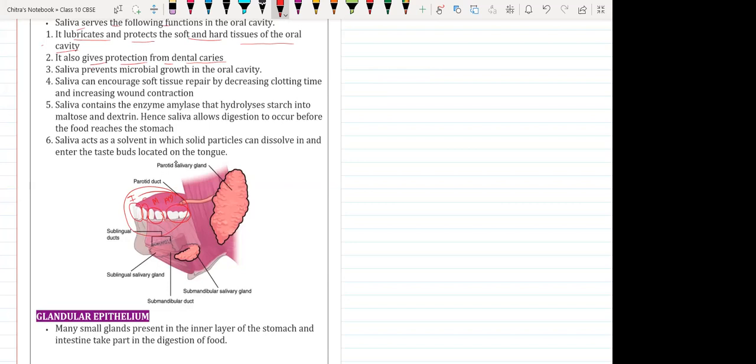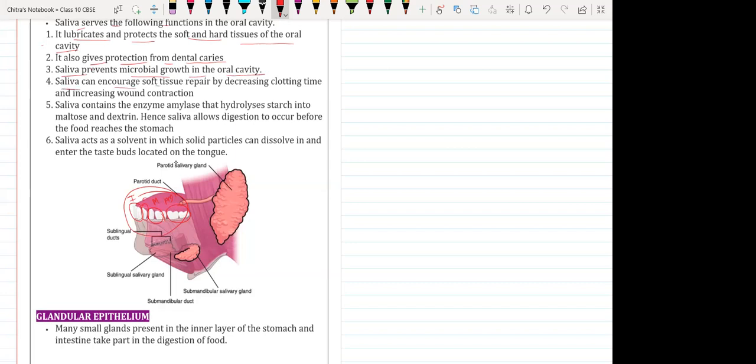At night, bacteria may grow on that, and a decomposition process takes place, due to which acid is formed, and that acid may harm the cavity of the tooth. It also prevents microbial growth in the oral cavity.